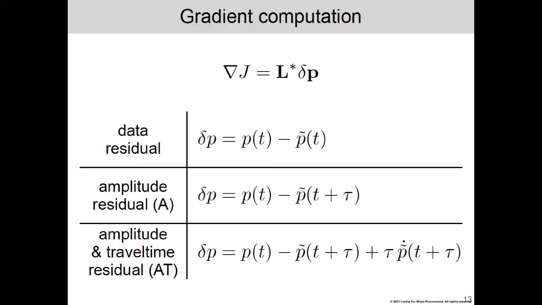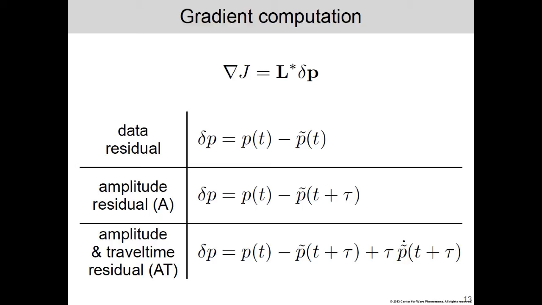The first is the data residual, which again is the difference between simulated data P and observed data P tilde. And waveform inversion using the data residual is just the conventional waveform inversion that many of you are familiar with. Second is what I'll call the amplitude residual, and the difference between the data residual and the amplitude residual is that for the amplitude residual, we need to shift the observed data P tilde before subtracting from the simulated data.